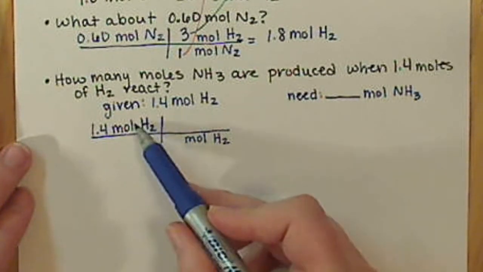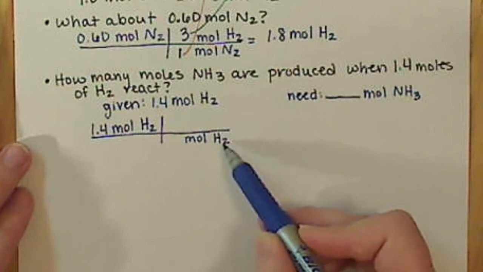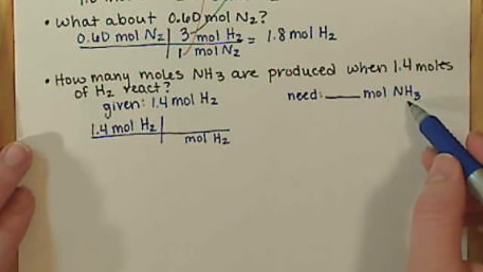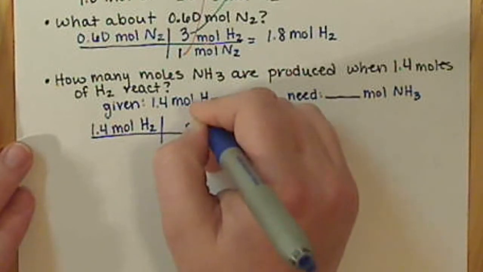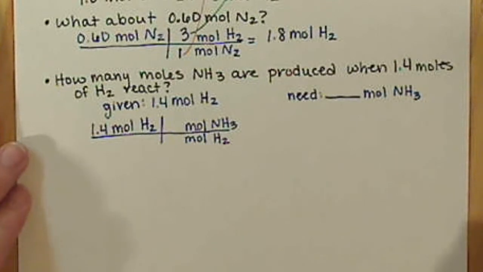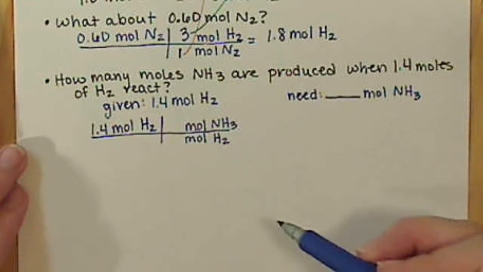We're trying to calculate to moles of ammonia, so we put moles of NH3 up top. We want to get these numbers from the coefficients of our balanced chemical equation.